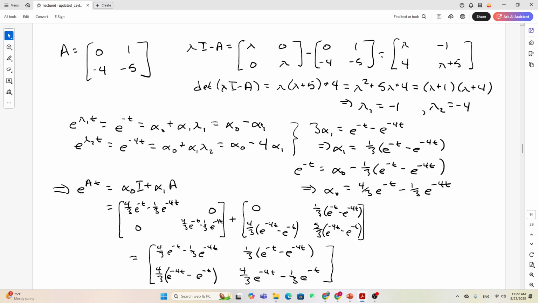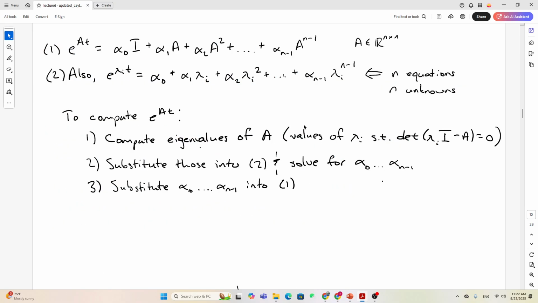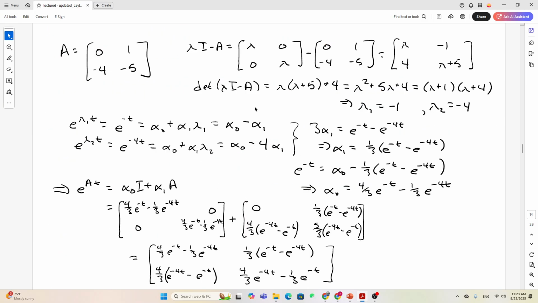And if you go back to look at this equation we listed out, e to the power lambda i t equals alpha 0 plus alpha 1 times lambda i, right?